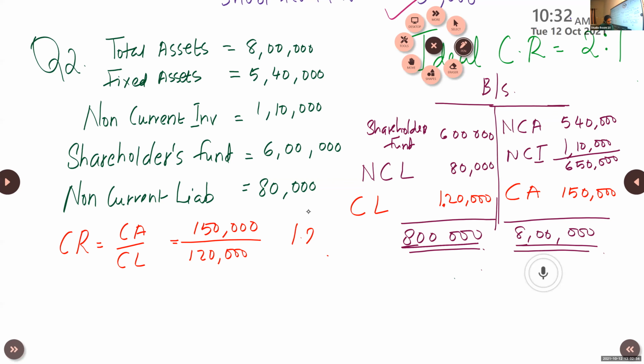And how about this ratio? Is it a good one? No, it is not a good one. Ideal ratio is 2:1, and this is only 1.25:1, so it is not a good ratio.